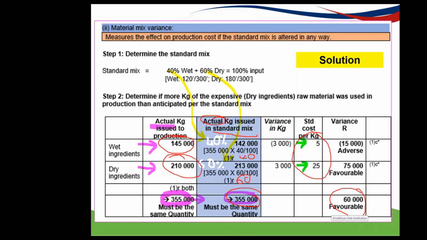This table, the 142,000 and the 213,000, we're going to use in the yield variance as well. So you can just copy it again for the next calculation. You take the 355 and divide it per the standard mix.